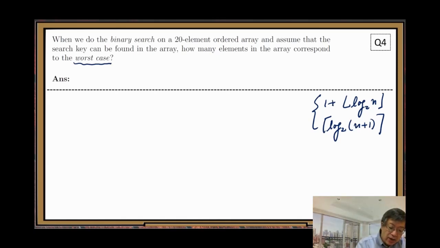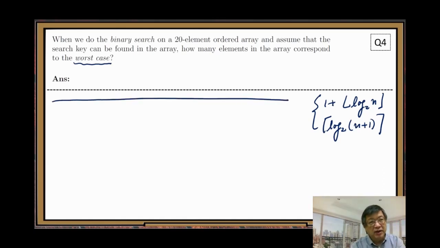You have 20 elements. The first time, let me just write all the 20 elements. Later, you can do the calculation, because the first time, it is hard to do the calculation.